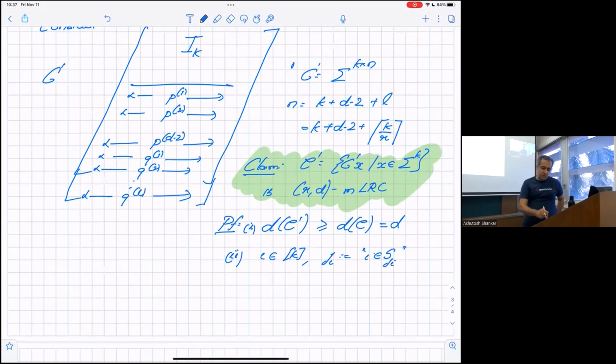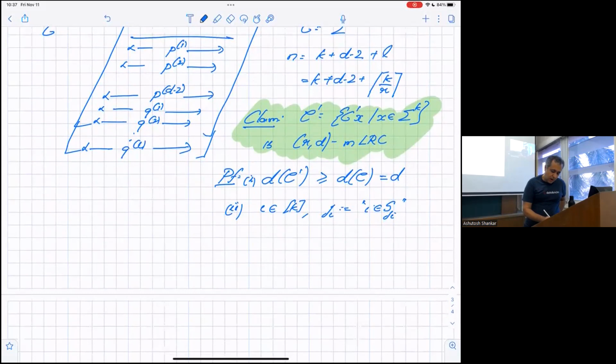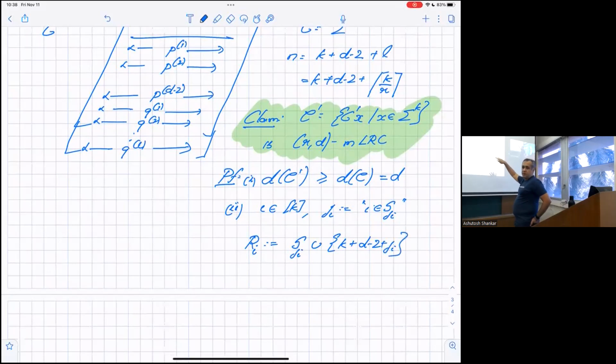Now certainly you know that from the set S_{J_i}, I'm going to define R_i. R_i is going to be all the locations corresponding to S_{J_i}, union this particular location corresponding to the J_i-th parity symbol, which is exactly K plus D minus 2 plus J_i.